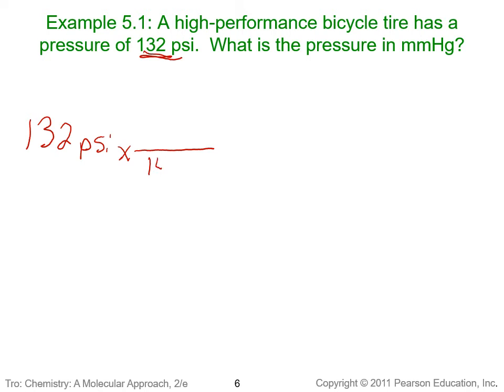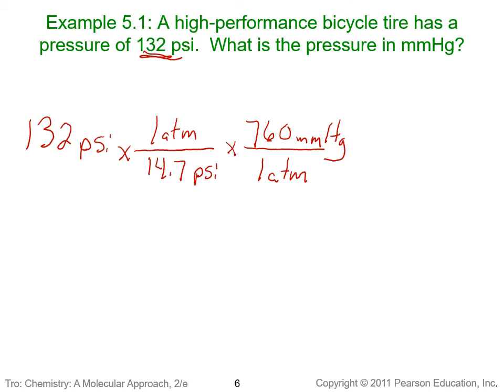So 14.7 psi is 1 atmosphere. And then from atmospheres, we can convert to millimeters of mercury, which is that 760 millimeters of mercury is 1 atmosphere.